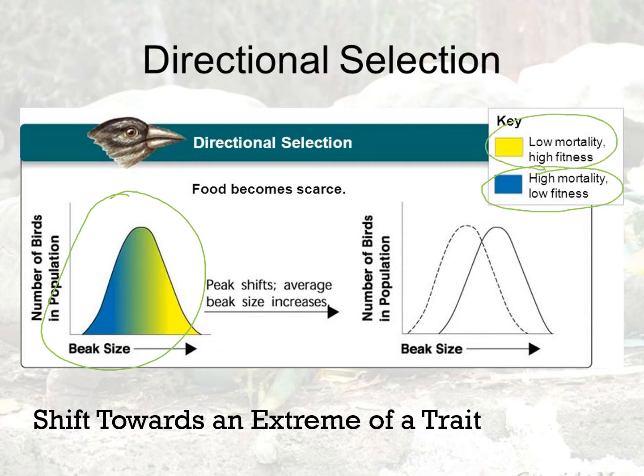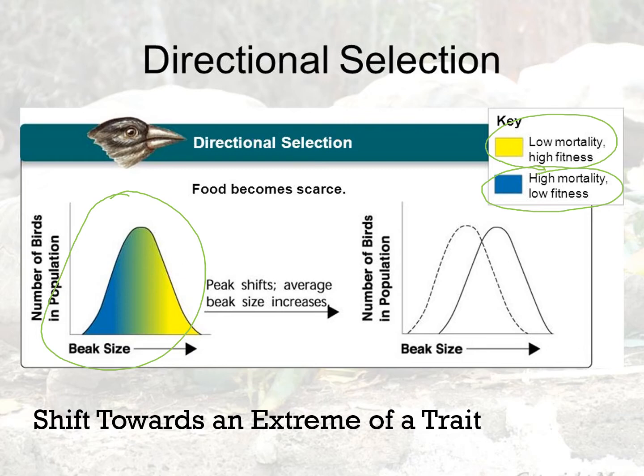So if we go back to the peak over here, we can see that larger beak sizes have a higher fitness. So then because of that, the population shifts towards having a larger beak size.